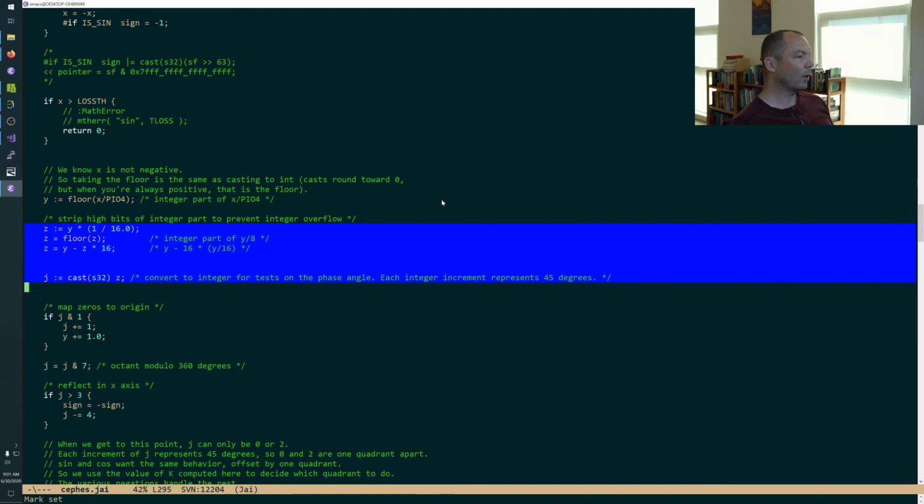Okay, so this is our initial integer, cast to int of x divided by pi over 4. This could be a large integer if our input is large. That's the point. This is a sine function, which you would think takes low angles, but it's supposed to handle anything. So we divide by pi over 4, and we cast that to int.